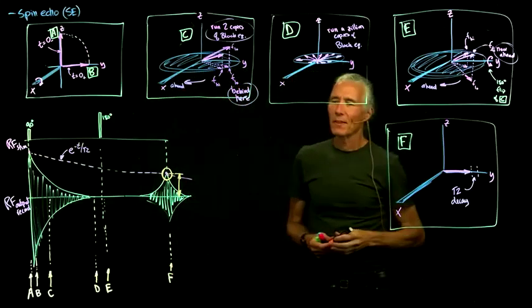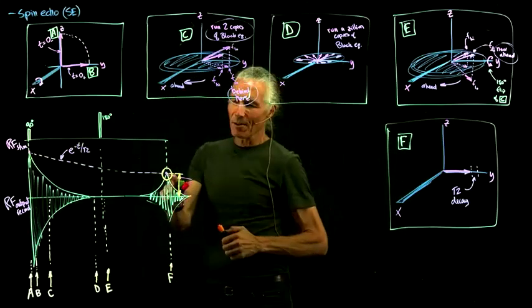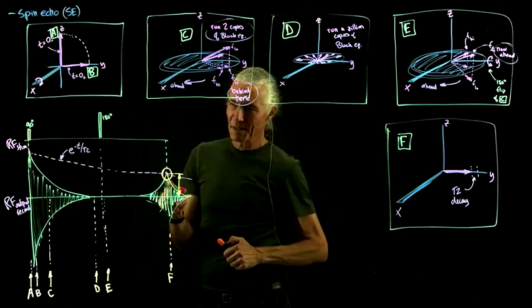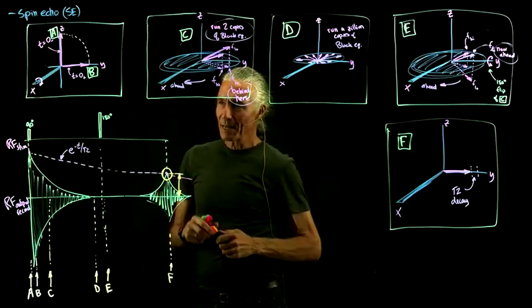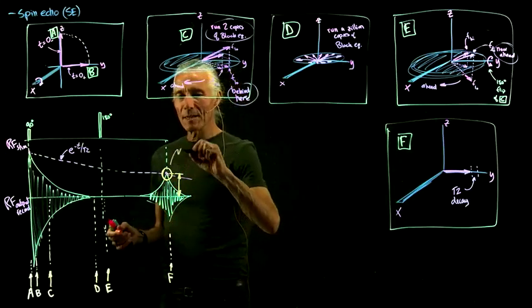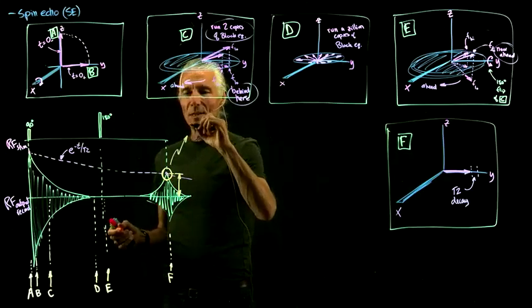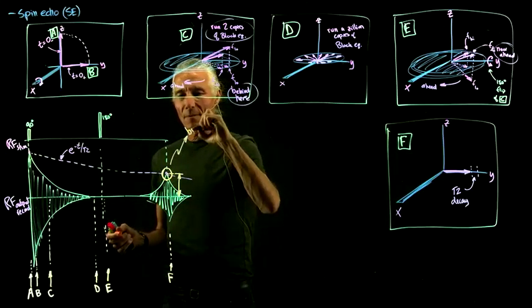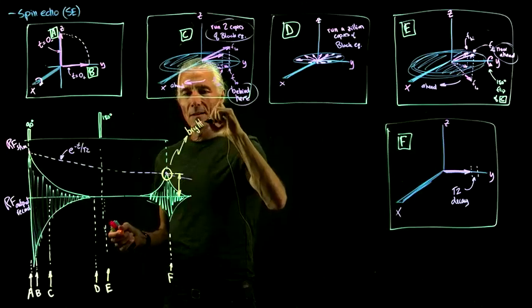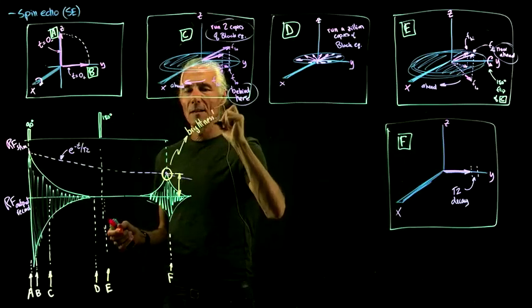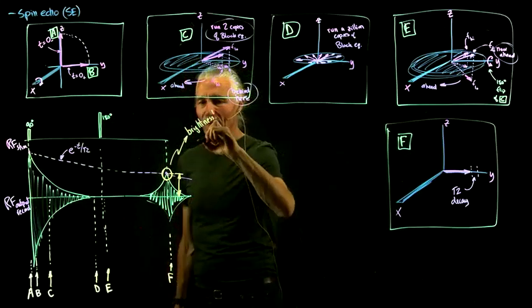Just the middle of the echo, the very middle of the echo. And what does that eventually correspond to? It just corresponds to the brightness of a voxel.